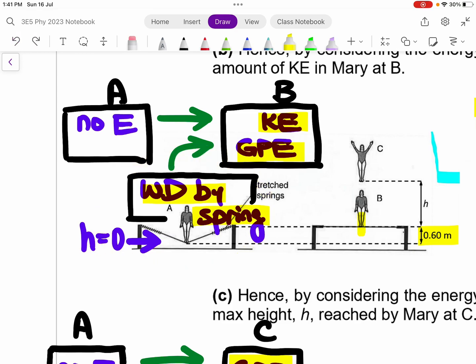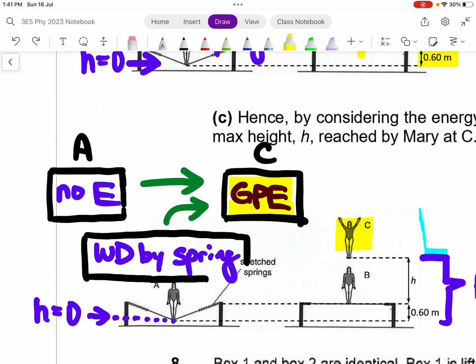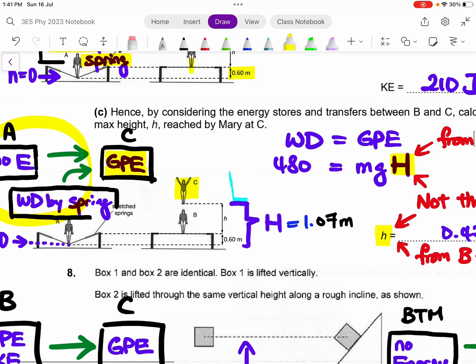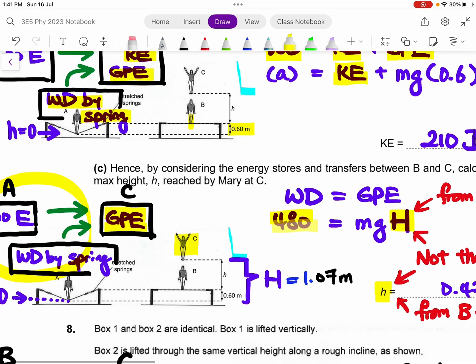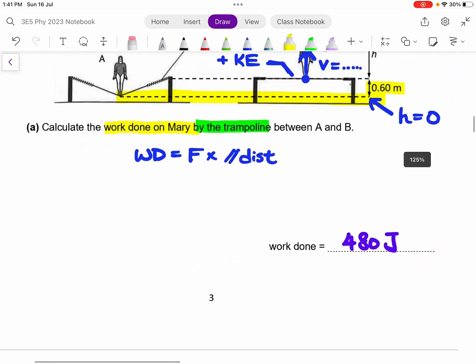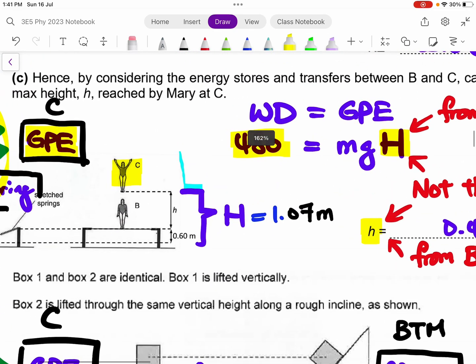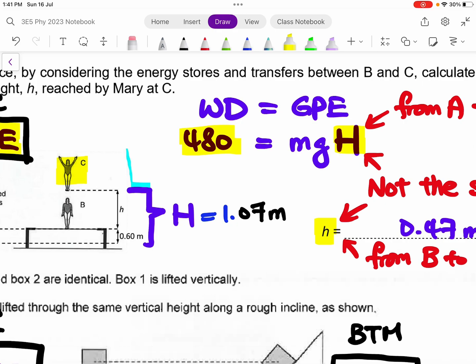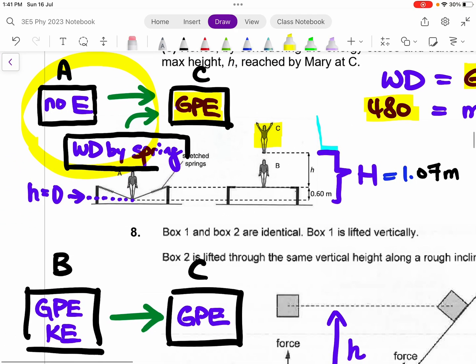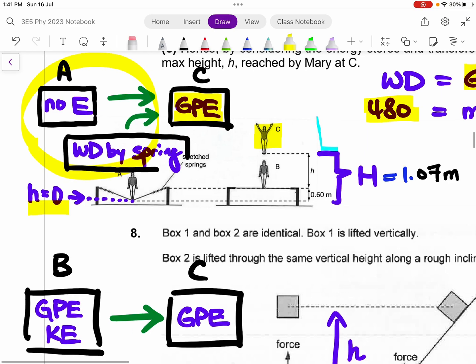Whether you're at A, B or C, all this energy originated at A. So I am using A as my reference point, and I would have written down 480, the amount of energy that I start with at A, which has now completely turned into GPE. But take note, when I measure the GPE, I am measuring it from A, but what the question wants me to measure, the maximum height, is from B to C.